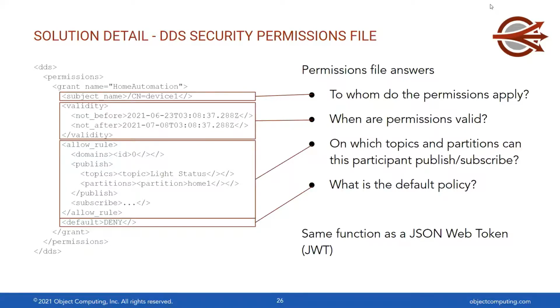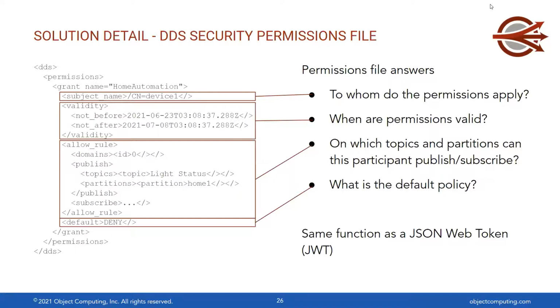So two people that both have the app are not going to be able to control each other's equipment. Rather, it's going to be isolated. They may both have a light status or a light control writer, but they're only going to talk to readers that are in their own home. And partitions allow a way to have the same topic definitions, but separate them.